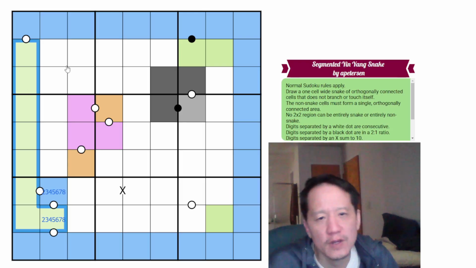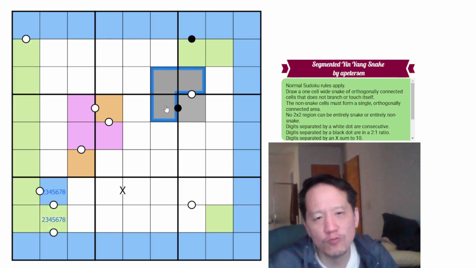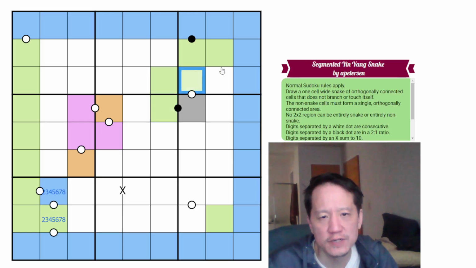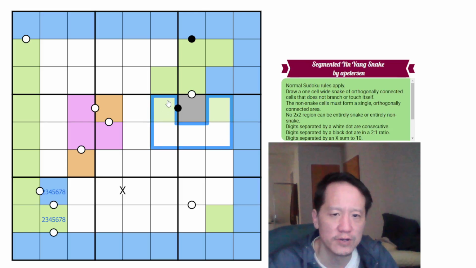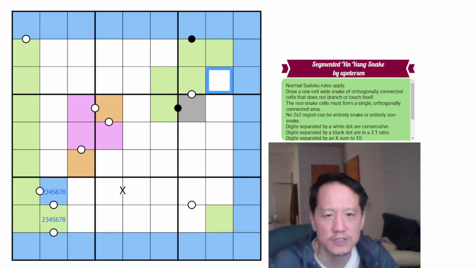What happens if we assume this is part of the snake? If this is part of the snake, right? So say it's dark and say it's green instead of dark. This would have to be non-snake, but then we have 3 non-snakes here, which would force this to be a snake. And then this would be a non-snake, but this would have to somehow connect here, which would make this its own orthogonally connected region, which is not allowed.